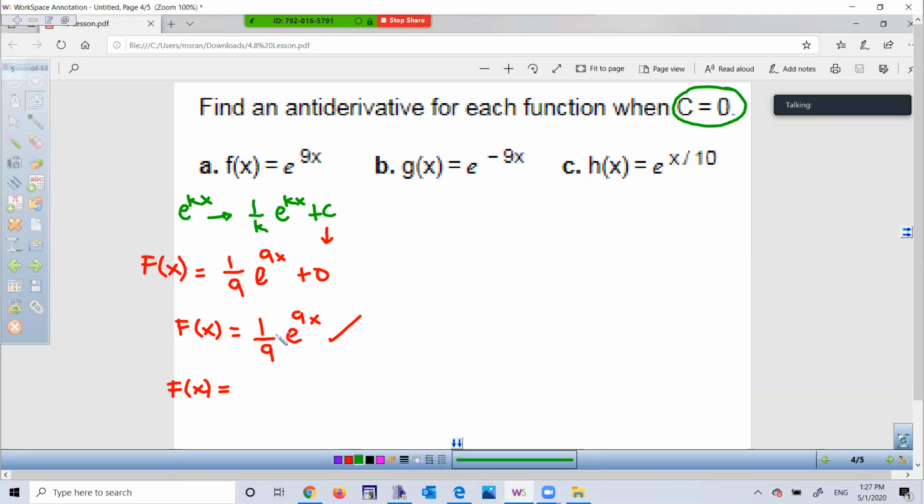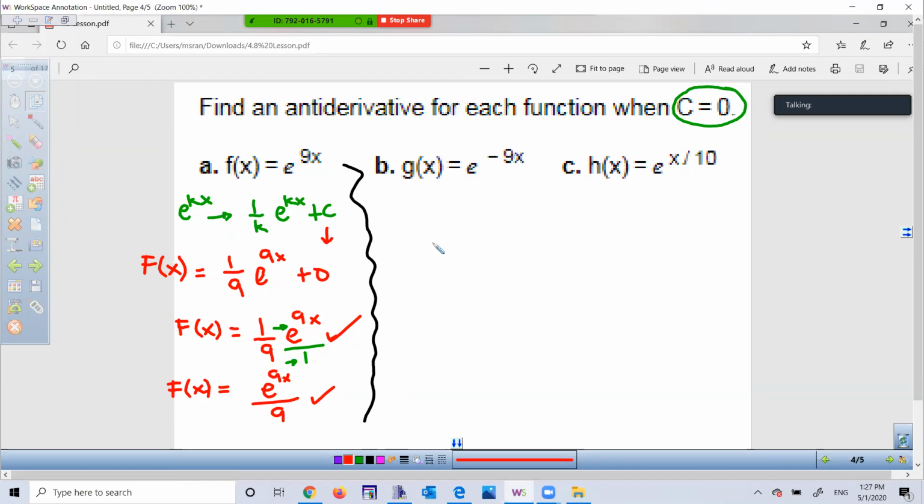Imagine that you put this e raised to the 9x over 1. What if you multiply the numerators and you multiply the denominators? So 1 times this, e raised to the 9x, over 9 times 1, 9. To me, both answers are correct. Either this, where you didn't have the over 1 yet, or this. Both are the same thing. Okay, so that would be for letter A.